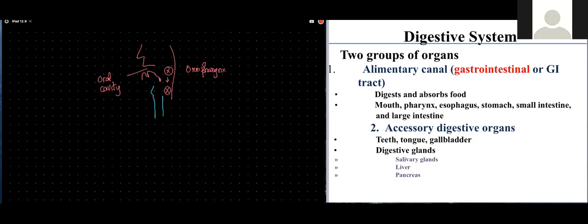So if you remember, this part is called the laryngopharynx. Laryngopharynx will keep conducting the food down to a muscular tube that travels through the diaphragm, where it's going to be conducting the food to a muscular sac. And here, this is the stomach.